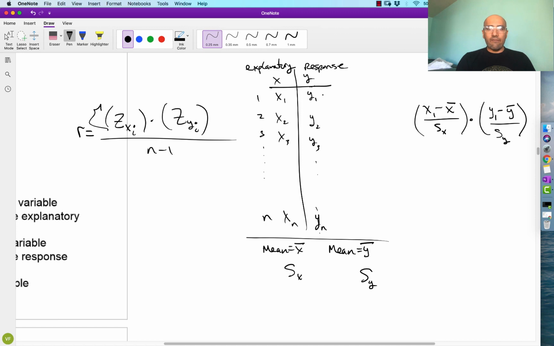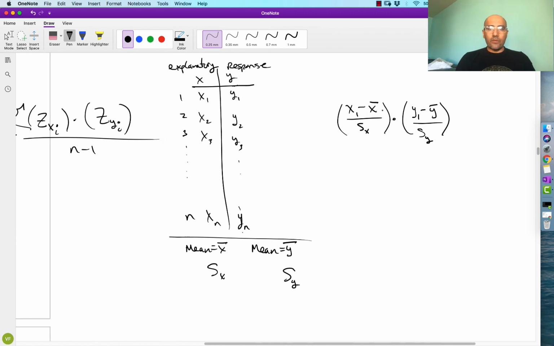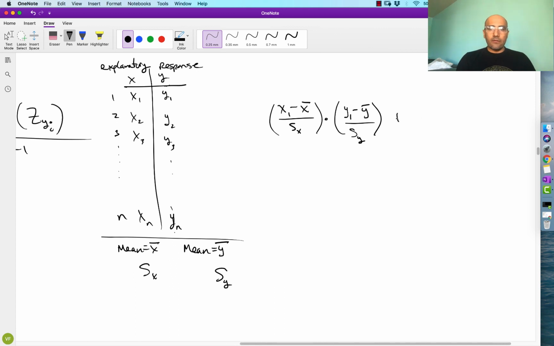So we do that for this first ordered pair. And then we do that for the next ordered pair. Plus, now x sub 2 minus x bar over s sub x times y sub 2 minus y bar over s sub y, right? And then we do it again. So we keep doing this over and over and over, and we do it all the way down to the last one.